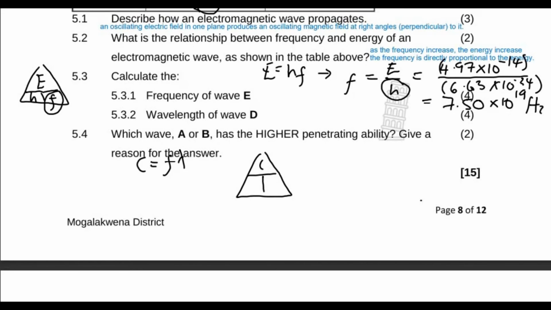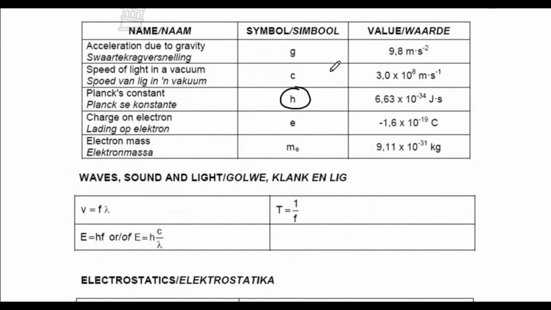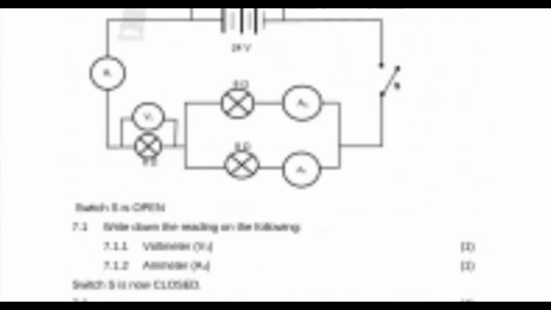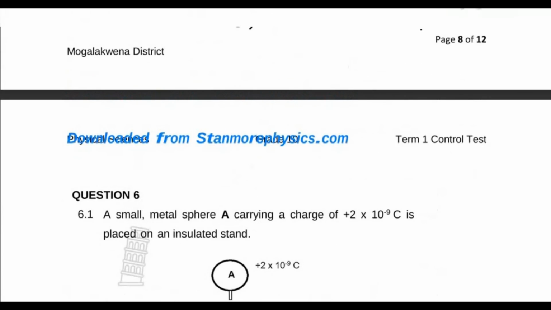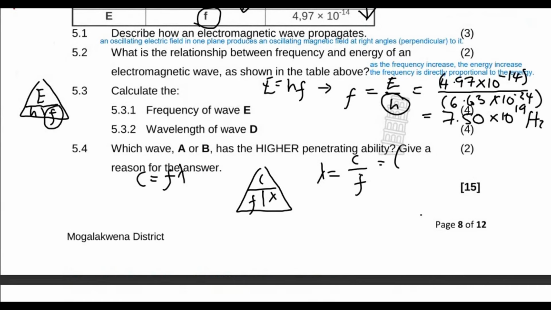We need to find the wavelength lambda, so it's C in the numerator and F in the denominator. C, we know it's a constant. You can always double check at the end of your question paper, and you find that C is 3 multiplied by 10 raised to the 8. So lambda equals 3 multiplied by 10 raised to the 8 over F.